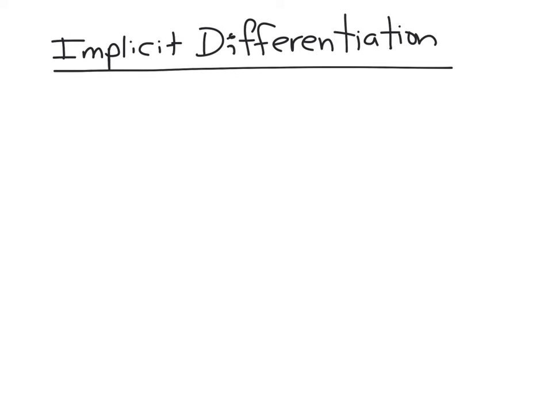So we're going to use implicit differentiation on this proof. We want to start with y equals the inverse sine of x. But before we take the derivative, I'm just going to switch this around and call it x equals sine of y. And notice that that is the same equation as I have up above.